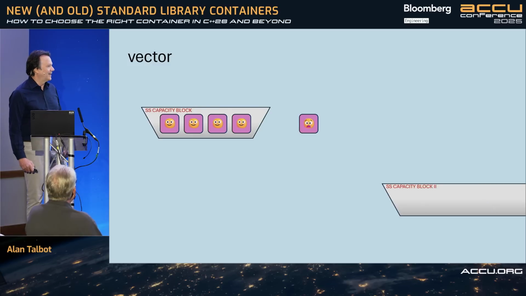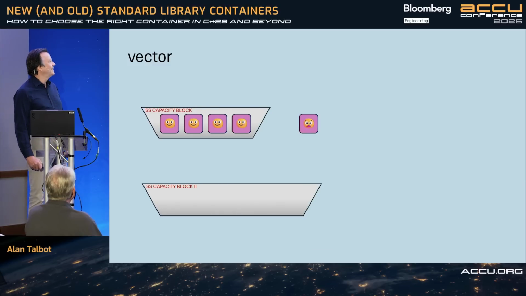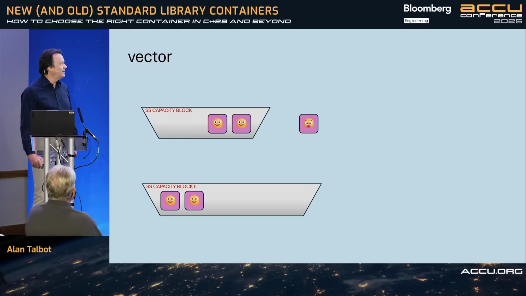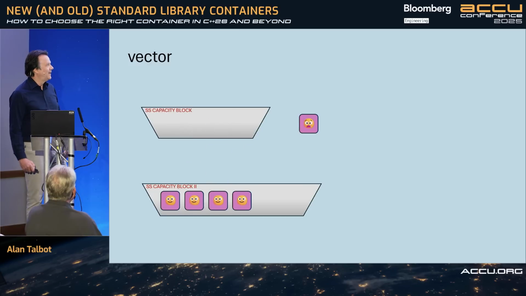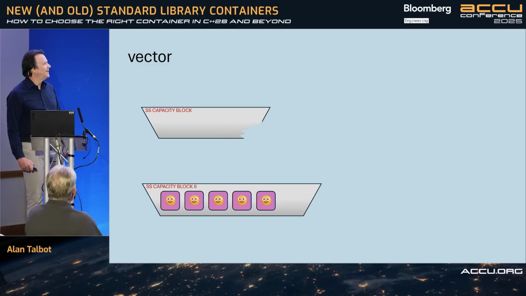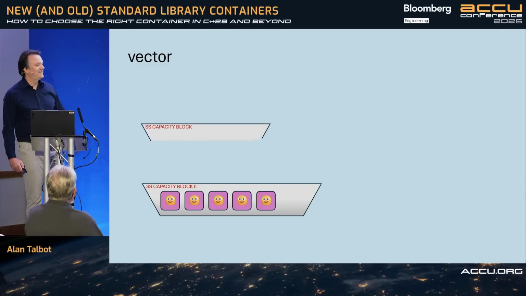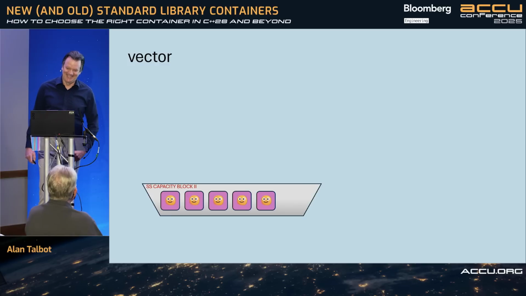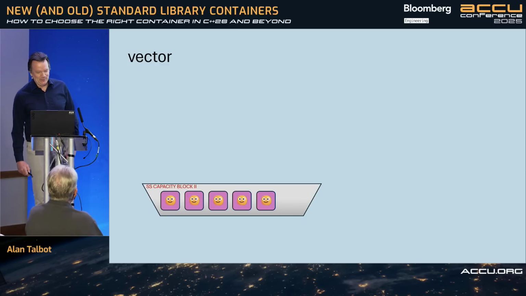Problems. We've got to get a bigger boat. And then we have to wait while everyone moves down. And finally, whew, okay. And then we can finally get rid of the old boat.